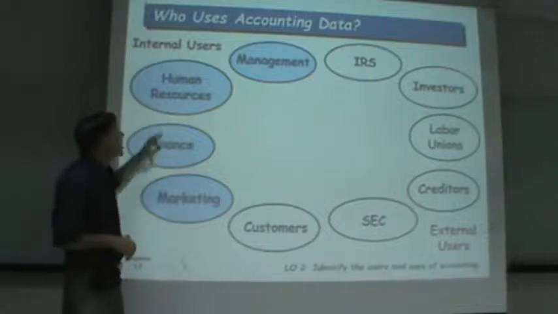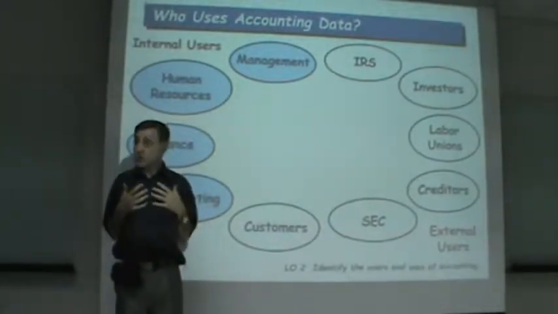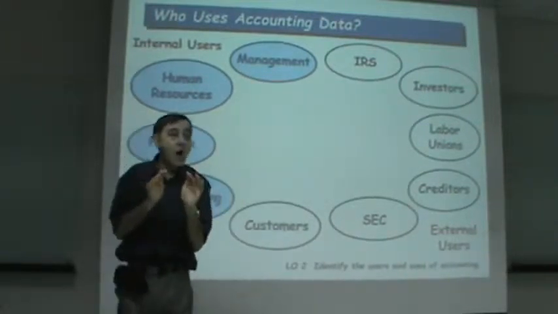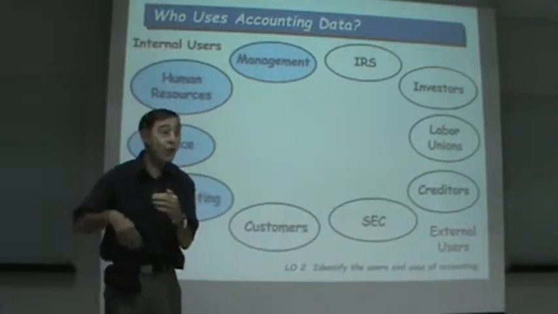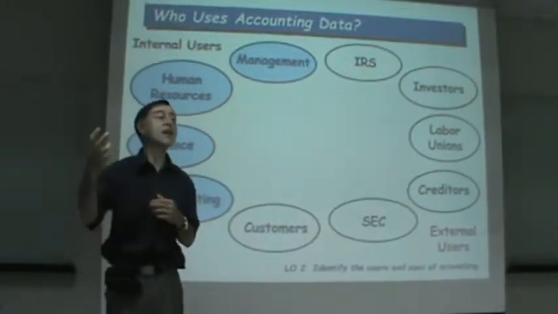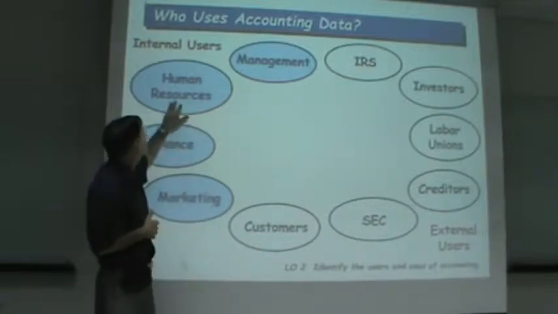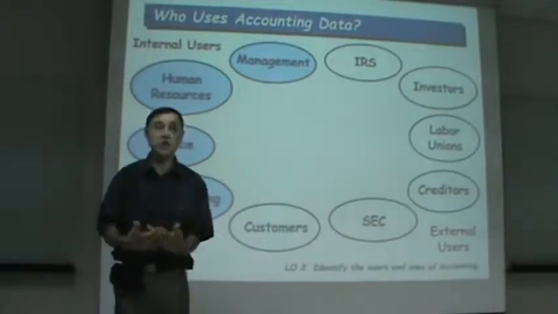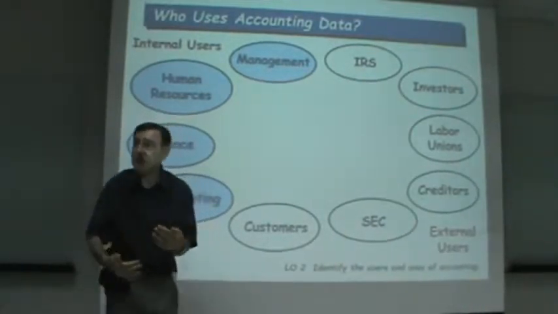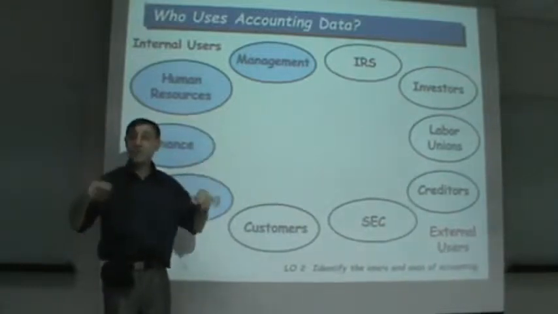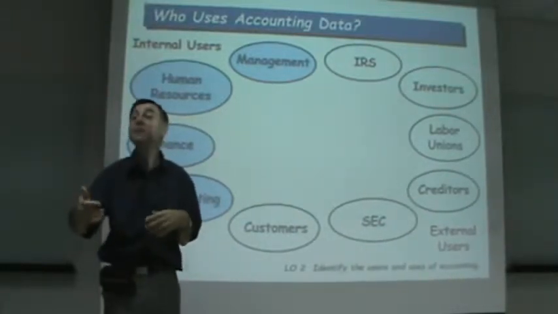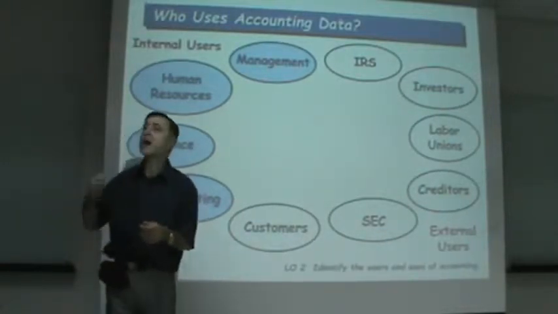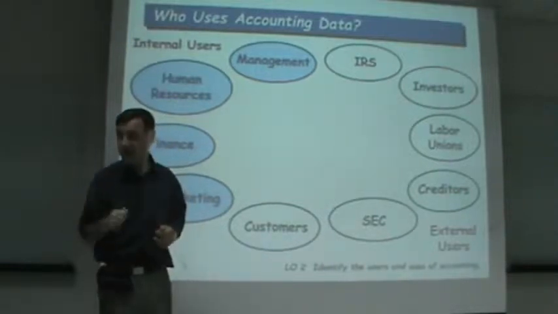Next is human resources. Human resources is actually part of management. These are the people responsible for hiring people and firing people. The most common way for human resources to use accounting is to see if there is enough profit, if there is enough, we call it income, if there is enough cash, maybe to pay one more employee, to hire one more person, okay?